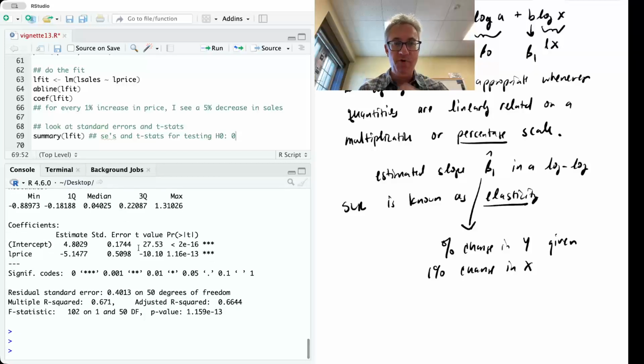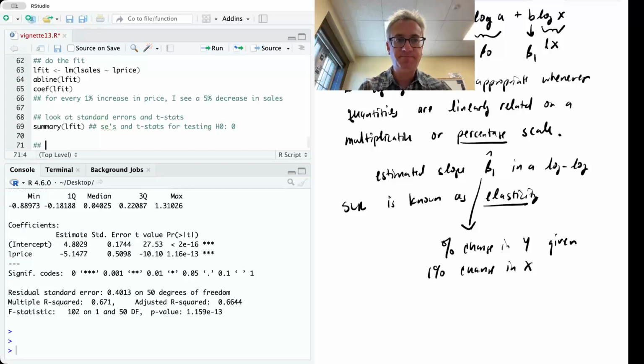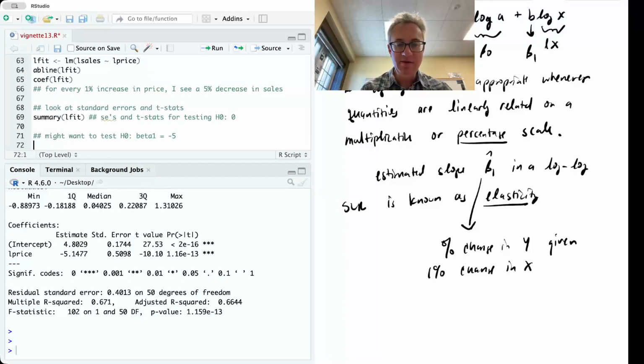But what we might want to test is whether the elasticity beta 1 is equal to -5 or not. So I could take my estimate. Remember, test statistics are always estimate minus the null value, divided by standard error.